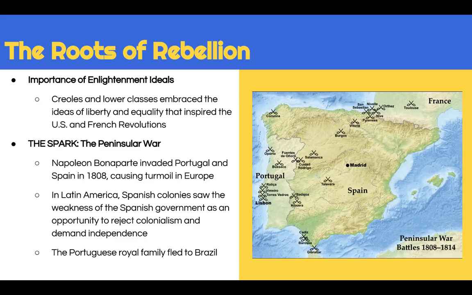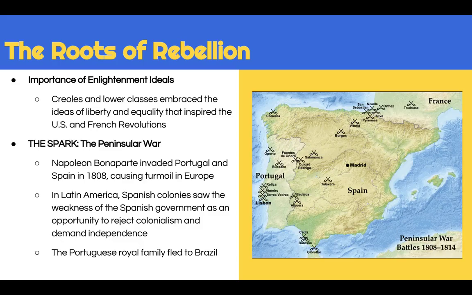So we're going to look now at the roots of the rebellion. And the first thing, I'm not going to hit too long, it's just basically the importance of Enlightenment ideas. It's Enlightenment that we've been talking about that spoke of liberty and equality and natural rights for all. And these same ideas that inspired the US and French revolutions are going to inspire the revolutions in Haiti, Mexico, Colombia, Argentina.